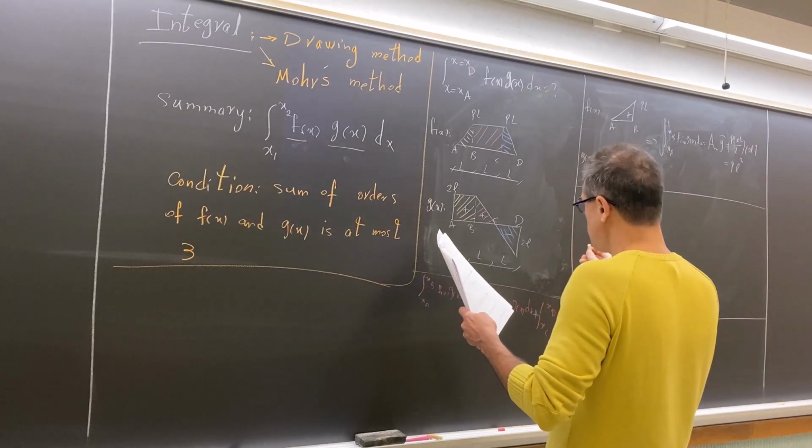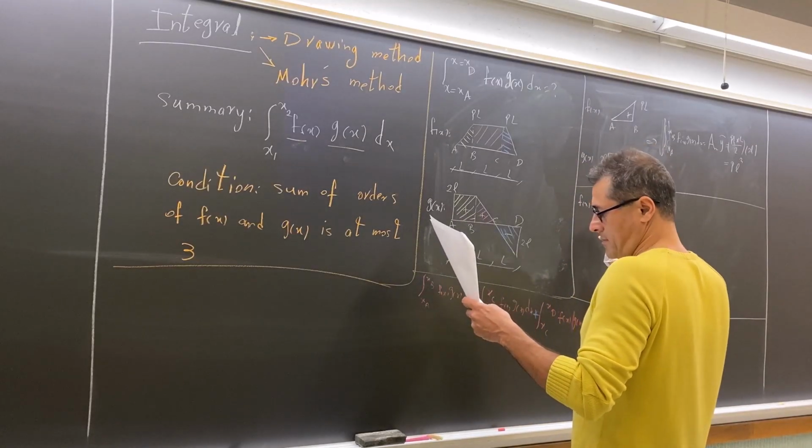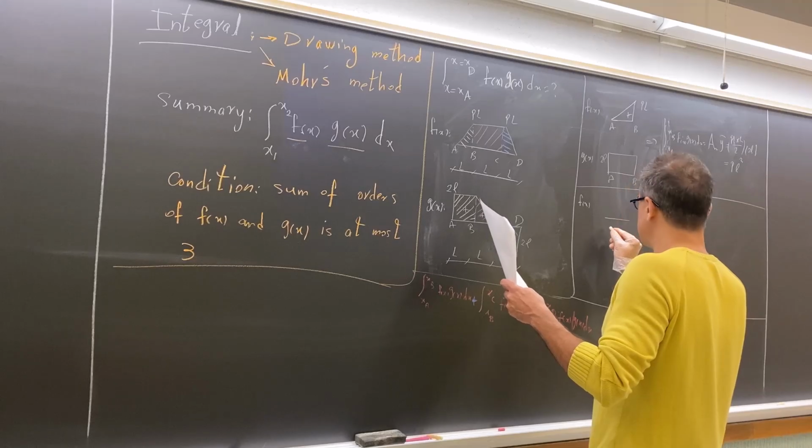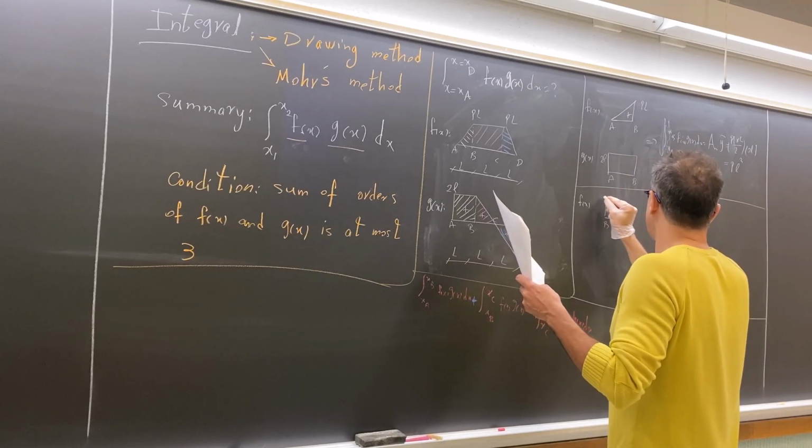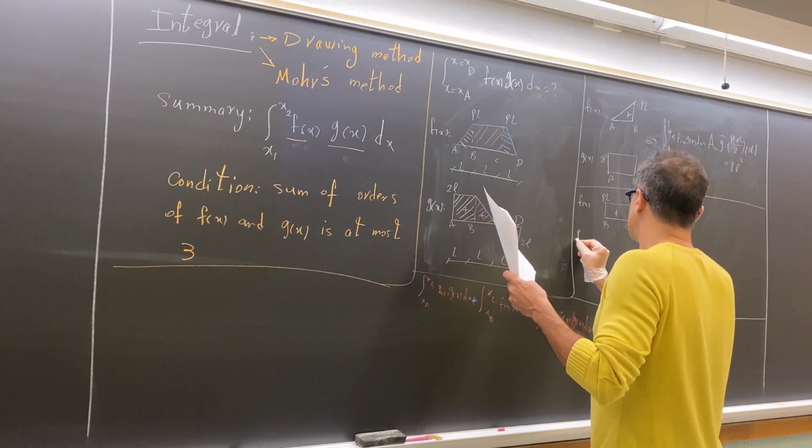The second step, this is BC, this is PL, Gx.